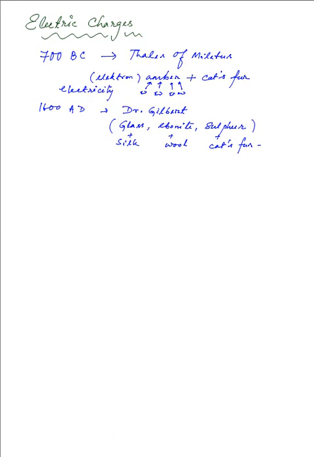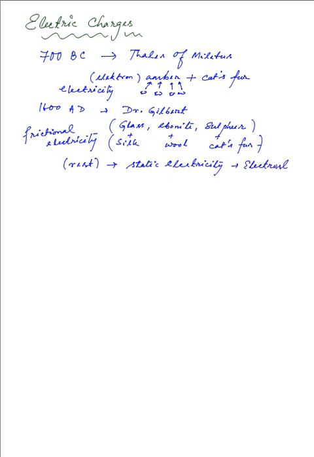And because the friction with all these things led to such a property of electricity, it was termed frictional electricity. And obviously the charges that were studied were at rest. So the charges were at rest, and that is why it is static electricity, or put together as electrostatics.